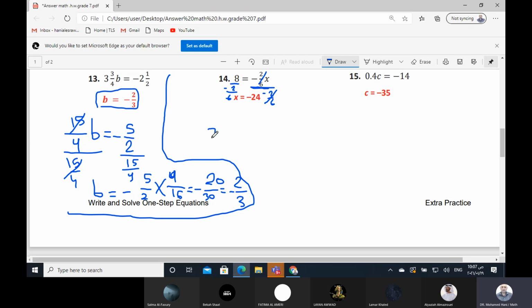So it means here x equals 8 times, change from divide to times, then find the reciprocal. 2 over 6 will be 6 over 2. Now as you know, 6 divided by 2 will be 3. So here we have 8 times minus 3 will be minus 24. So the value of x will be minus 24.